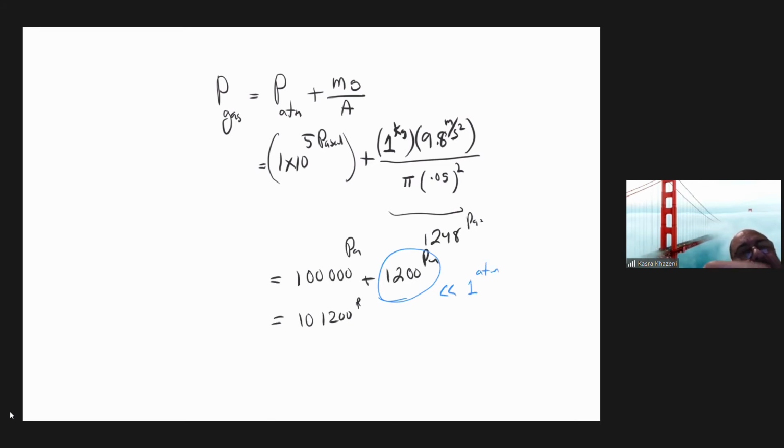So you can always assume, if it's normal weights and stuff, not if you have a 5-ton piston. But if this is an example in the lab, you can see that the P of the gas is roughly equal to P of the atmosphere, which is a constant.